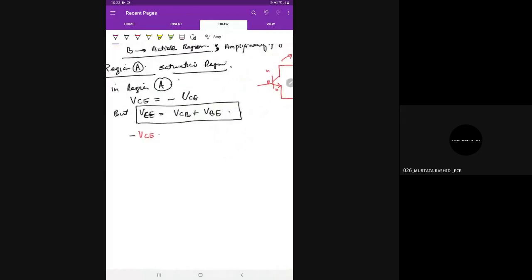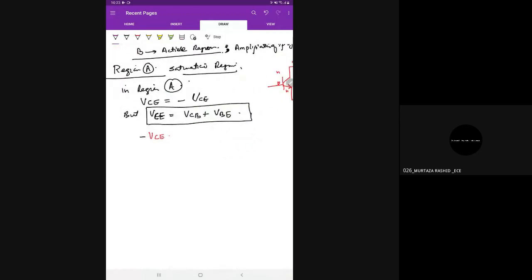So I am substituting, instead of VCE, minus VCE, which is equal to VCB plus VBE.